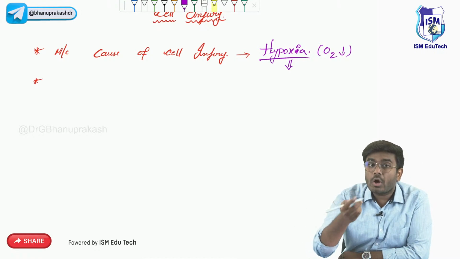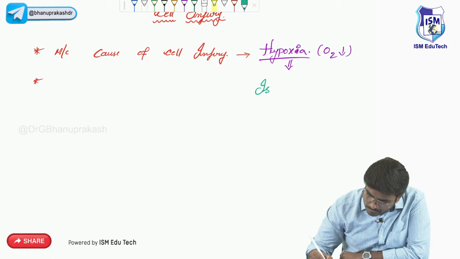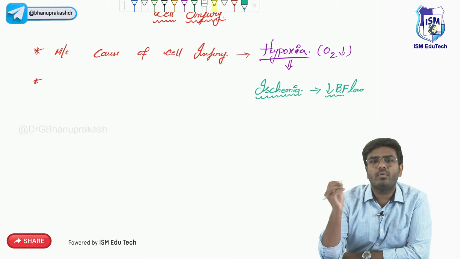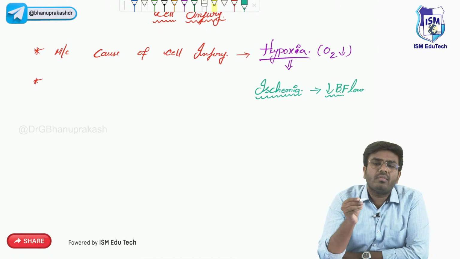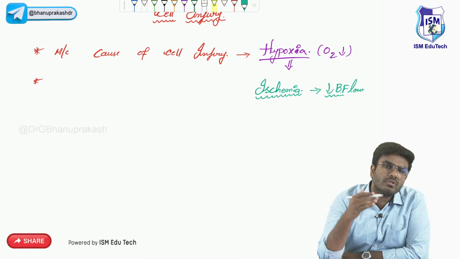The most common cause of hypoxia is ischemia. So what exactly do we mean by ischemia? Ischemia means decreased blood flow. If you decrease the blood flow to any organ, automatically what happens? Oxygen delivery will also be affected.